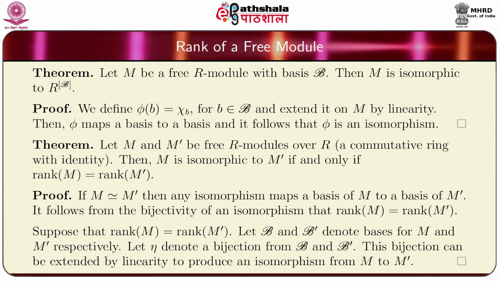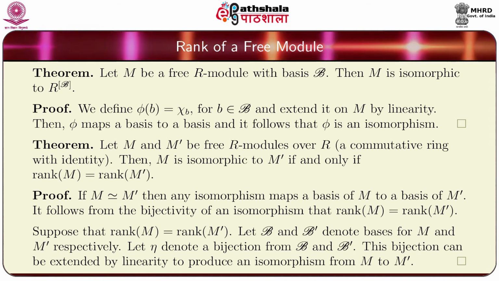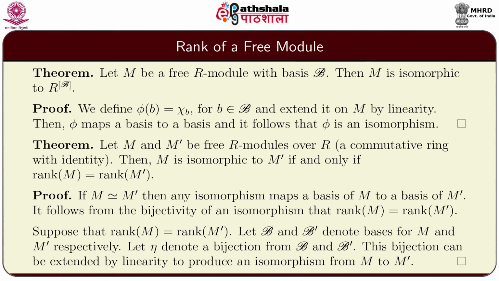Then automatically this defines a homomorphism from M to R box B. This is an isomorphism because it maps a basis to a basis. Recall that chi b is a basis for the module R box B, and therefore phi is an isomorphism.